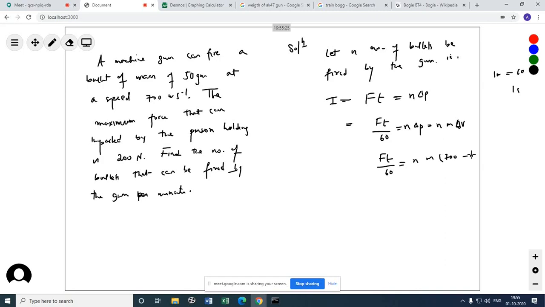Yes. 700 minus 0. That's it. Solve it and tell me how much n is. F I have given to you. T should be 1 second.